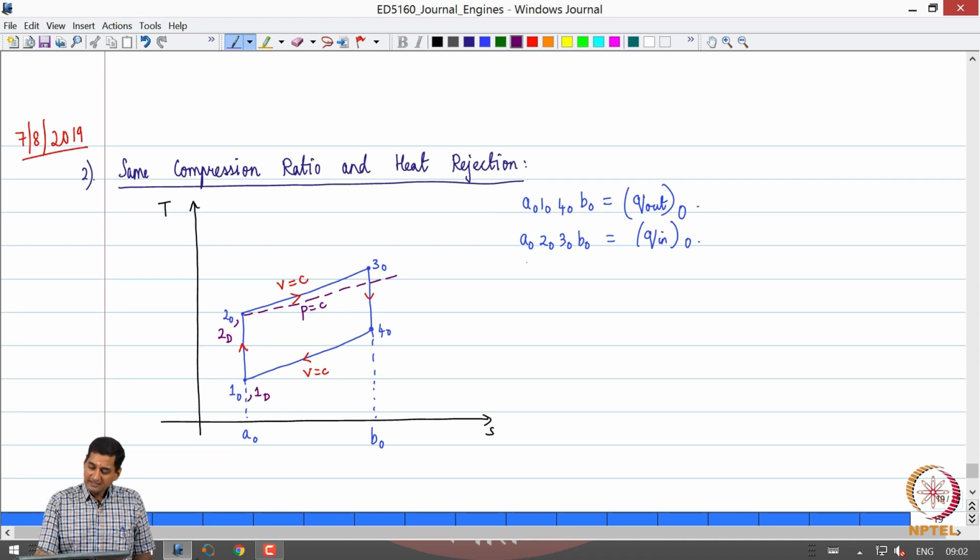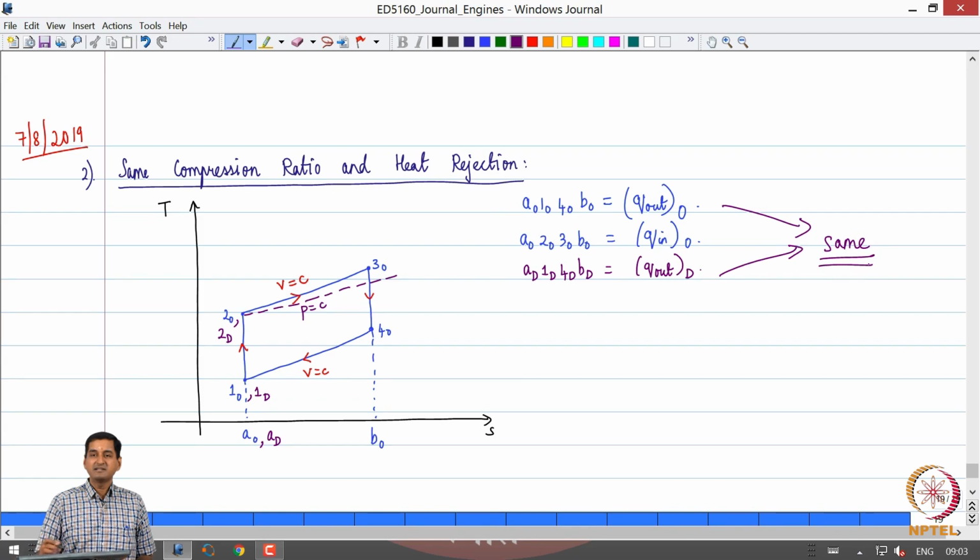We are given that the heat rejected is now the same. That means the area AD, 1D, 4D, BD should be equal to AO, 1O, 4O, BO, of course AD is the same as AO now. So, these two should be the same.